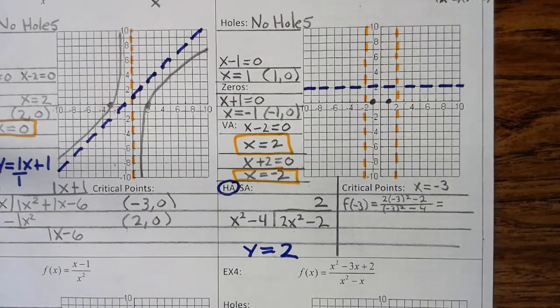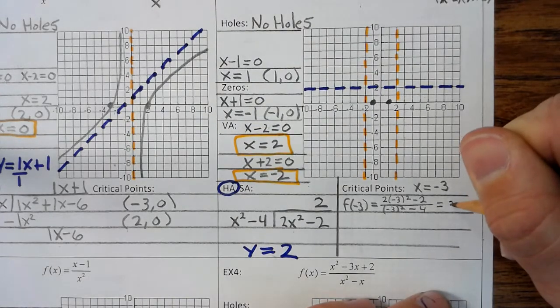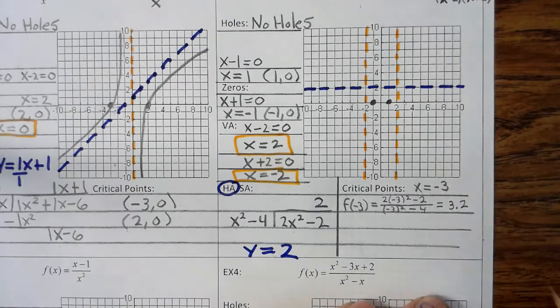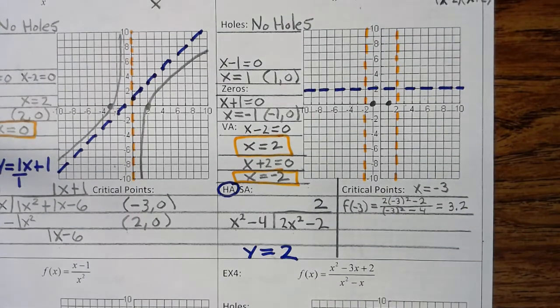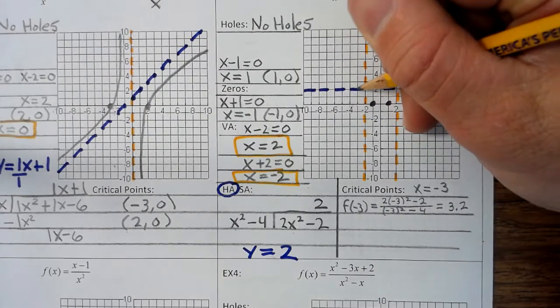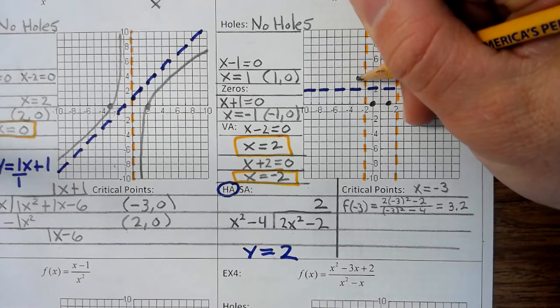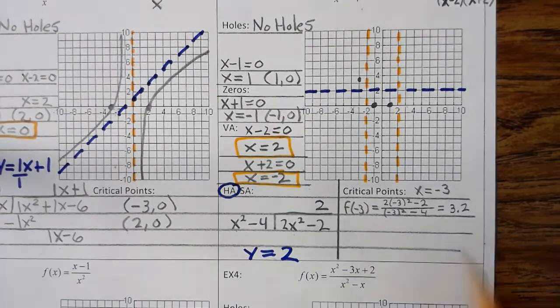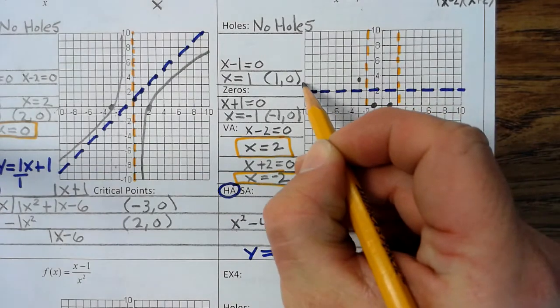All right, so that gives you 3.2. So our first critical point is (-3, 3.2). So we go negative 3, 1, 2, 3.2 is about here. And that's critical because that tells us the curve is here.